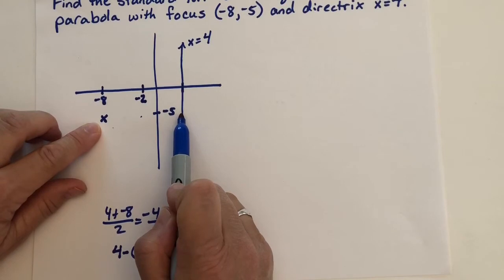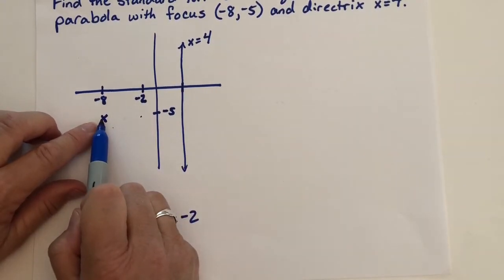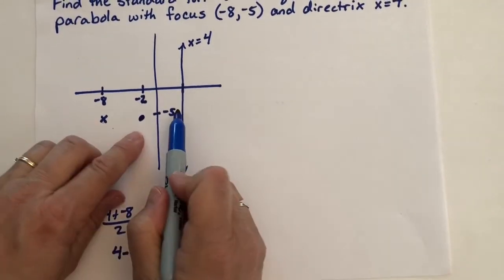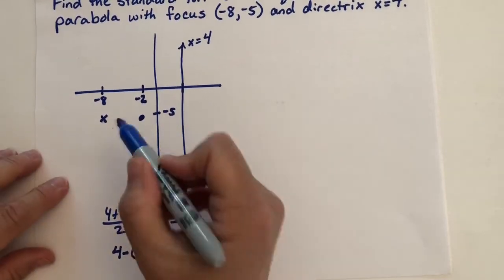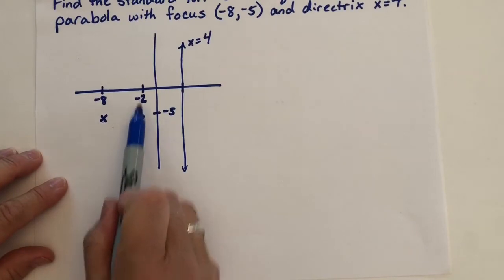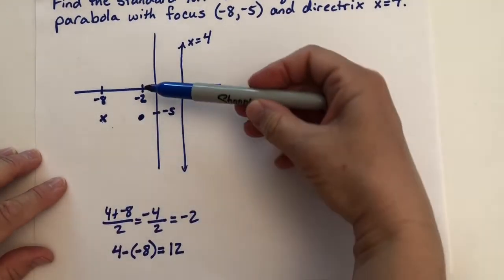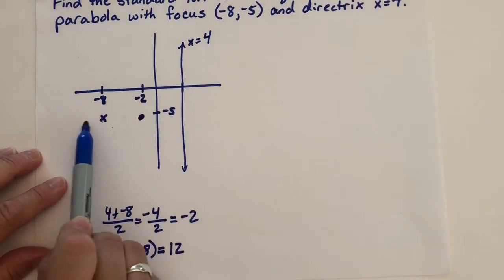Divide 12 by 2 and you get 6. So our distance from focus to vertex is 6 units, and our distance from vertex to directrix is 6 units. So again, we can confirm that its x coordinate is going to be at -2. The y coordinate is going to be -5, just as it was with the focus.